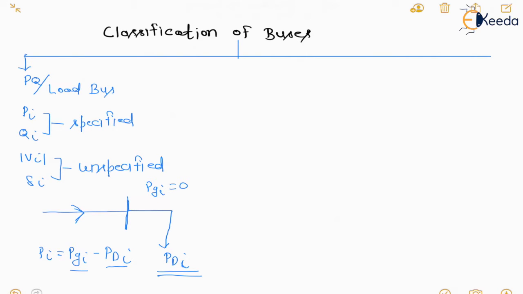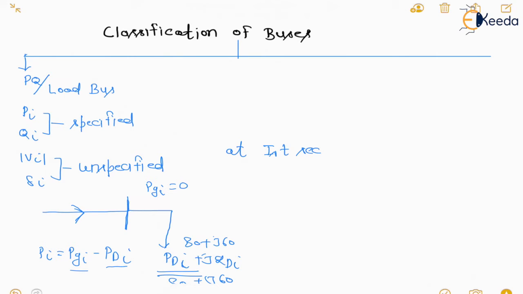So we are going to see what is a specified quantity and what is an unspecified quantity. So guys, see here, at first second, let us assume we have load PDi plus j QDi equal to 80 plus j60.